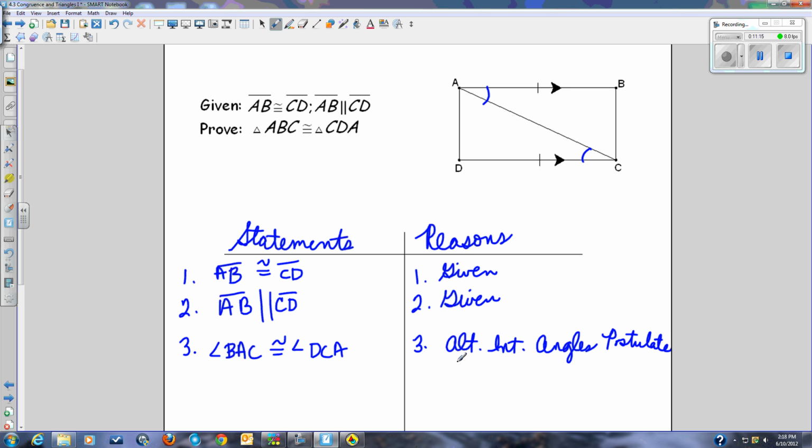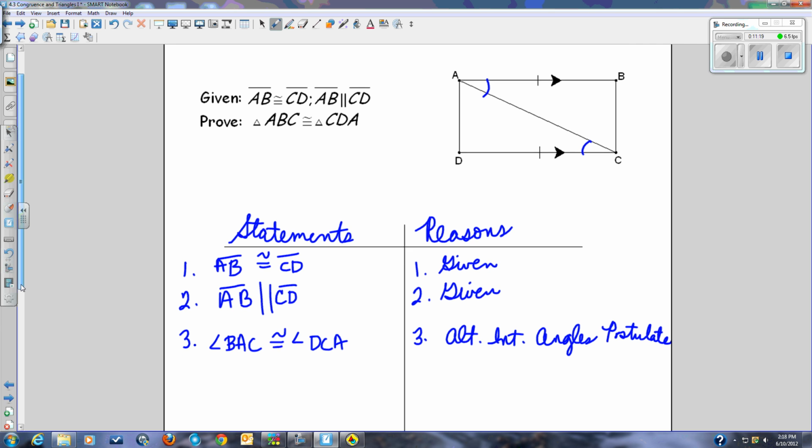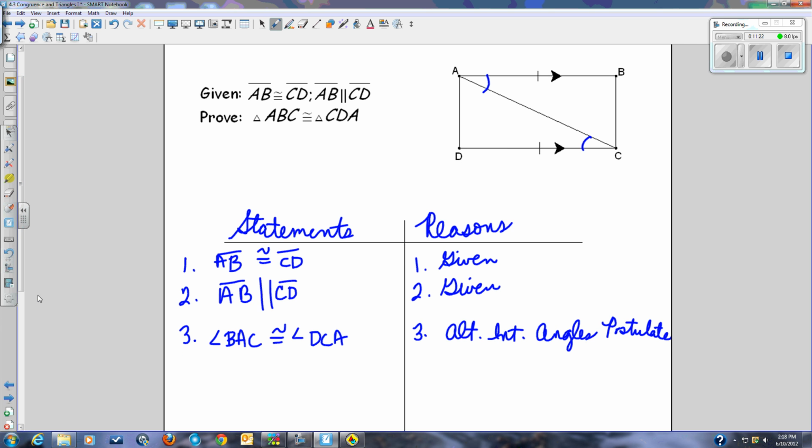That's the one that says that if you have two parallel lines cut by a transversal, the alternate interior angles are congruent. All right, so now let's see what we've got.